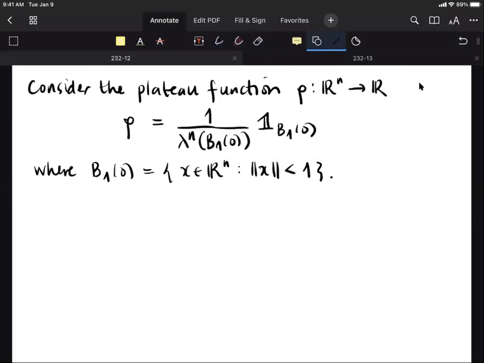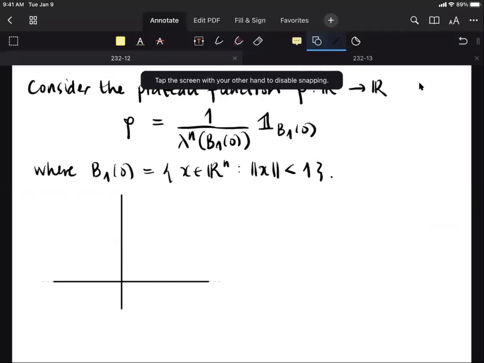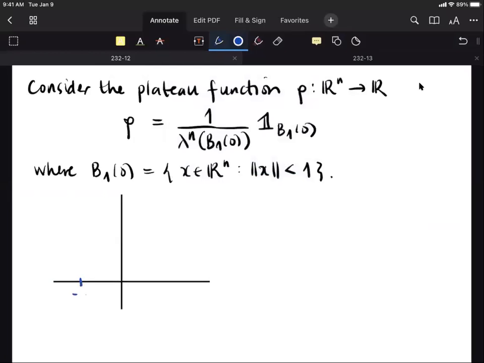So to visualize, let's consider the case of 2D. So suppose this is -1, this is 1. So the function is constant on the open ball, so we have here a constant function, and then 0 elsewhere.